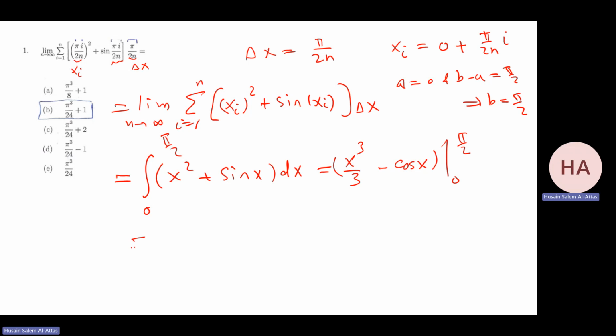Okay, and that will be what? Pi cubed over 8 over 3. Cosine pi over 2 is 0, minus 0 minus cosine 0, which is 1. So that gives me what? Pi cubed over 24 plus 1, which is this one.